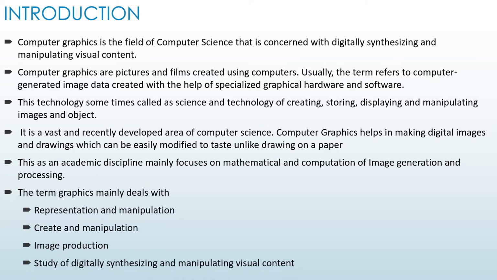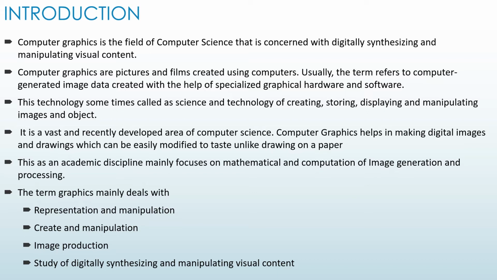Mainly, computer graphics deals, in a system, first with representation and manipulation. When I say representation, it is how images are represented either in a two-dimensional or a three-dimensional format. With two-dimensional and three-dimensional manipulation, in the sense of movement, some things must be there, right? That is what helps. Graphics mainly deals with representation and manipulation.